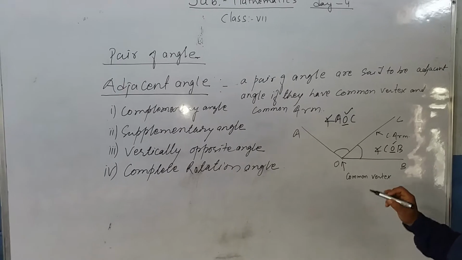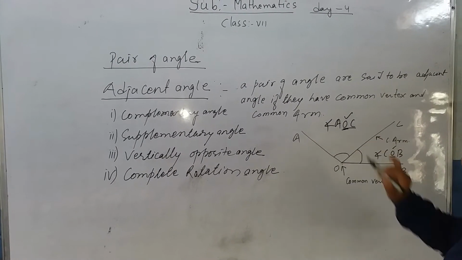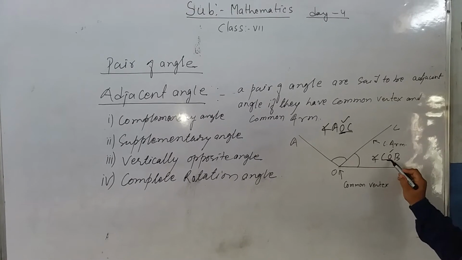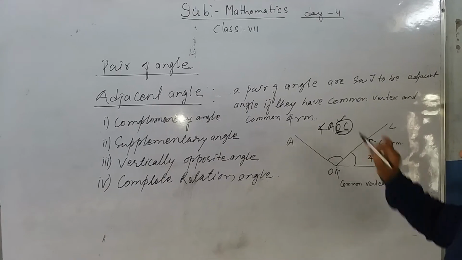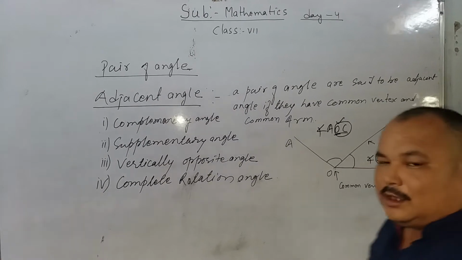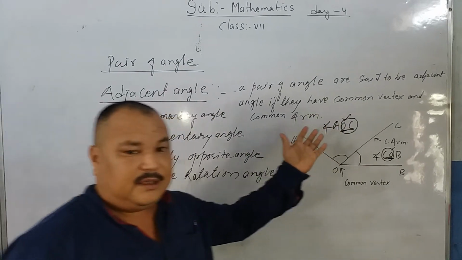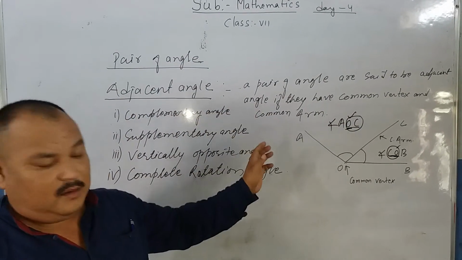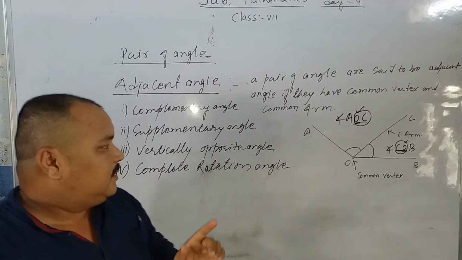And common arm: the OC arm is here. This OC is the common arm. So is that clear? Adjacent means two angles are formed with a common vertex and a common arm.